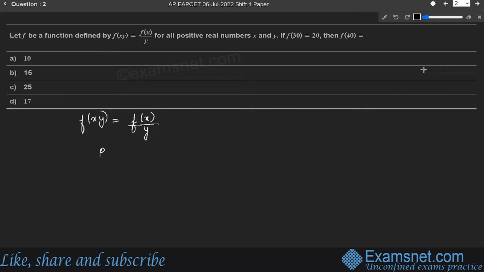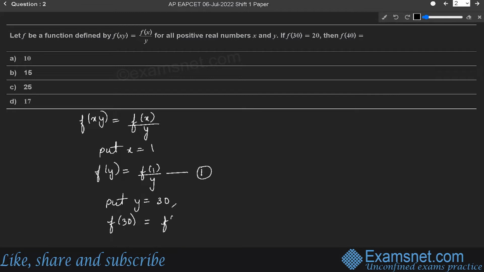On putting x equal to 1 here, this becomes f of y is equal to f of 1 upon y. Let this be equation number 1. Now, on putting y equal to 30, it becomes f of 30 is equal to f of 1 upon 30.